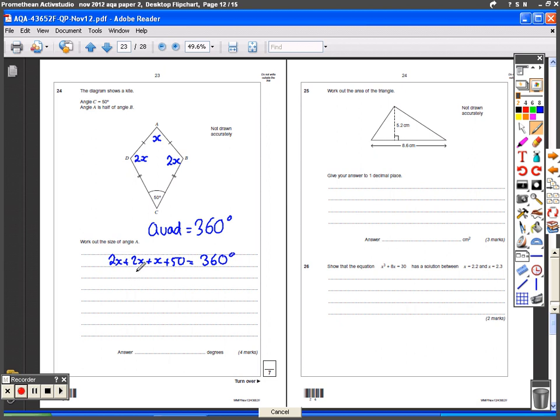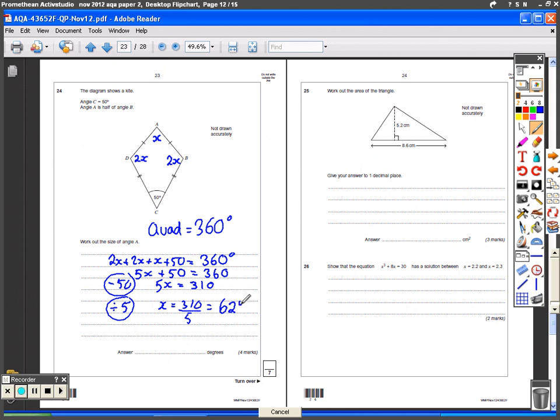So tidy this up. 2x plus 2x plus an x gives me 5x plus 50 equals 360. Undo the plus 50 first, so take away 50. So 5x would leave me with a total of 310. And then the opposite of times 5 would be to share by 5 now. So x would be 310 shared by 5, which gives me a total of 62 degrees.